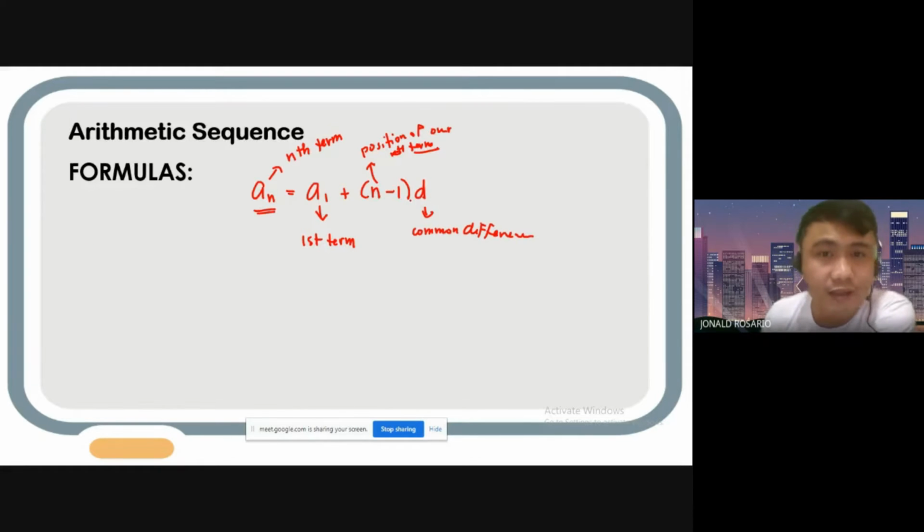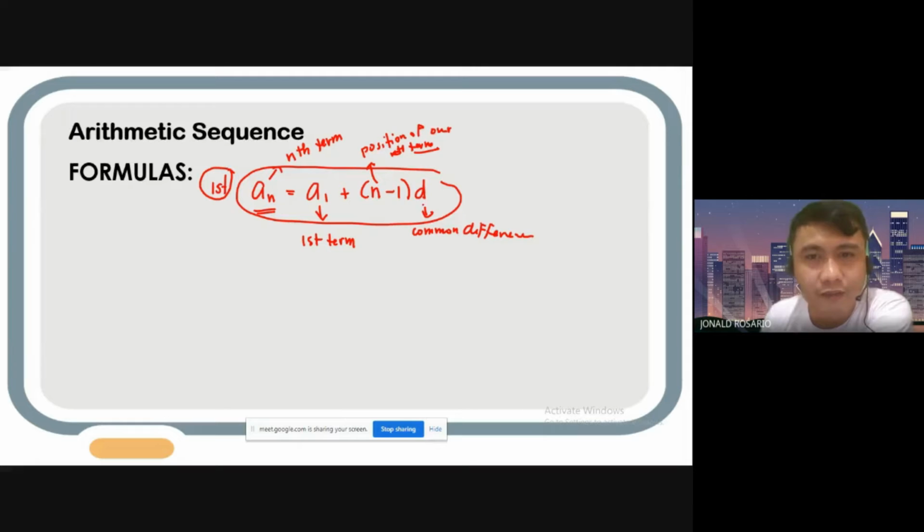Sir, paano pagka ang hinahanap natin ay difference? Okay, try natin i-derive. So this is our first formula. Ang gusto ko lang, kahit dalawa lang na formula para hindi kayo mahirapang mag-memorize. So, gusto kong i-derive yung d using the formula a sub n is equal to a sub 1 plus n minus 1 times d. Paano natin kukunin si d? Ilipat natin sa a sub 1.